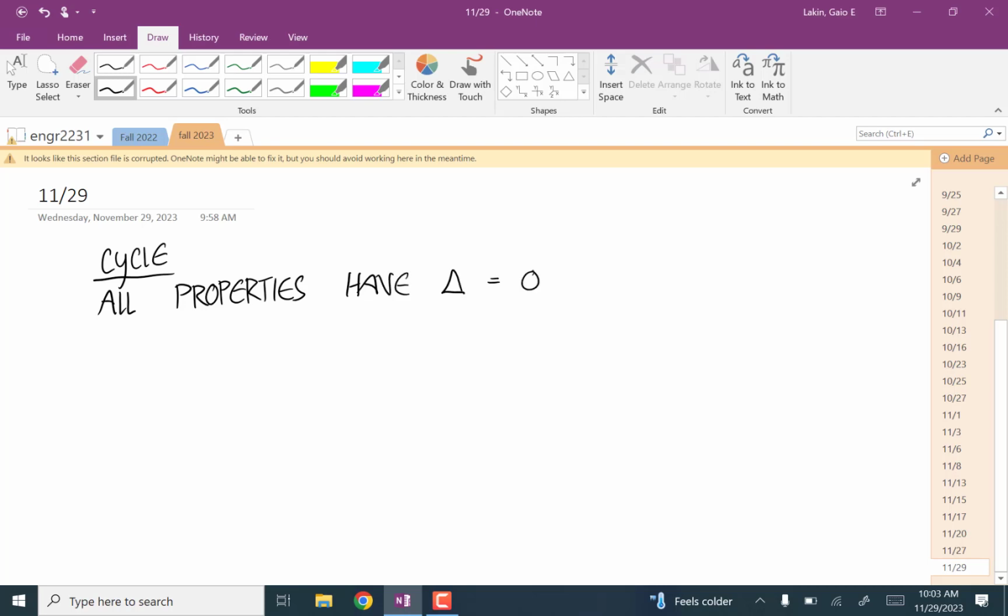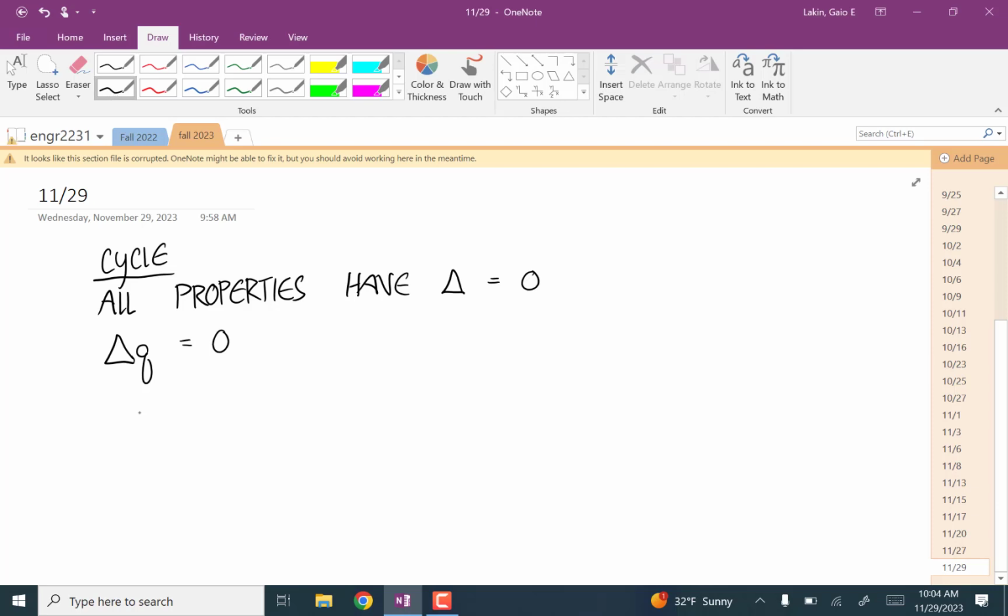So if you have a property Q, this is equal to 0. That's true for mass in a control volume. If it's a cycle, it's true for entropy, enthalpy, any properties that you can look up in a table.